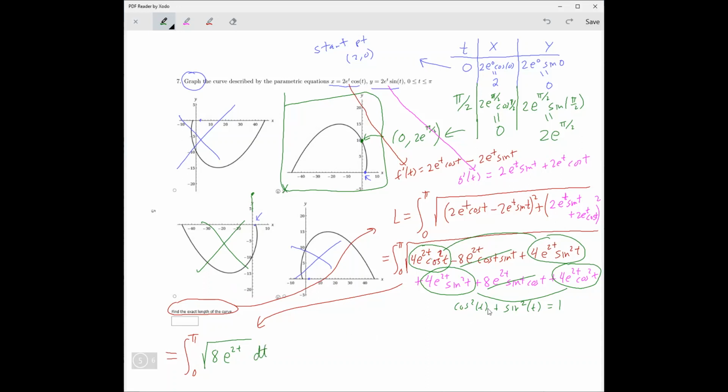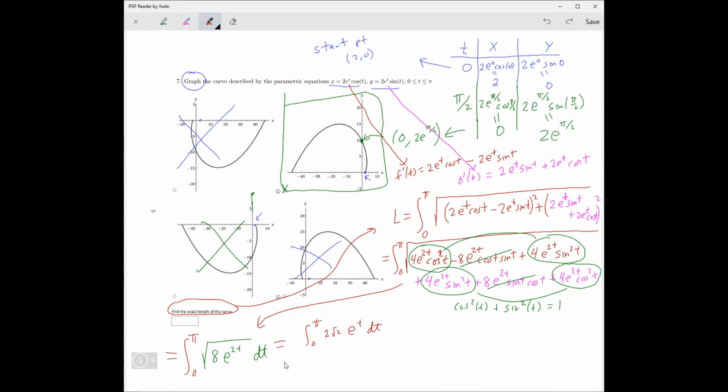So using that identity there, all of this reduces to 8 e to the 2t. Now, when I apply the square root to it, I'm going to get the square root of 8, which is 2 root 2 times the square root of e to the 2t, which is e to the t. Just like that.